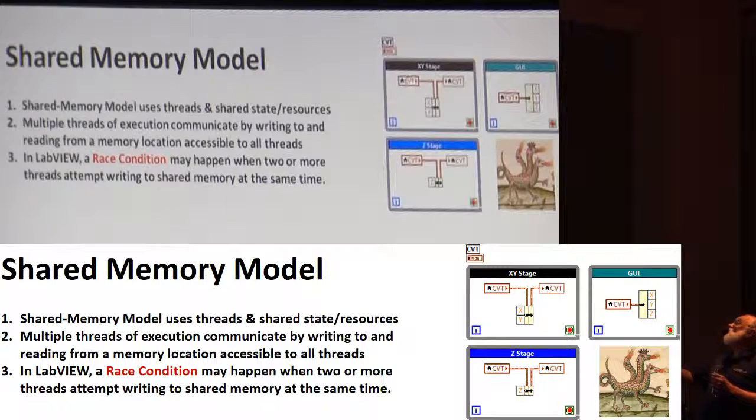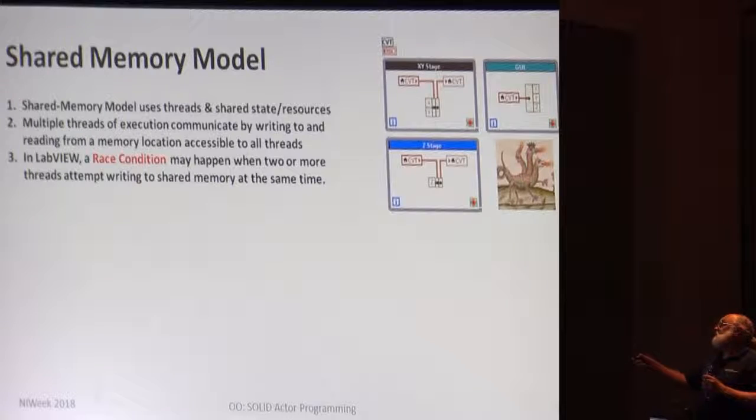Because after you read this, your value of CVT is cached, and it may become stale in the Z stage. So your updates may get out of sync. Very hard to detect. Sometimes they may be critical.